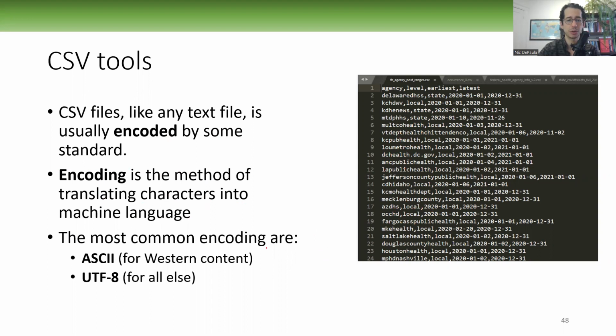The most common encodings are ASCII for Western content and UTF-8, Unicode format, for all else. So UTF-8 is very common, and usually you want to know what the encoding of your data is to import it. Some programs will just assume that it's UTF-8, some will not. So always be careful about that.